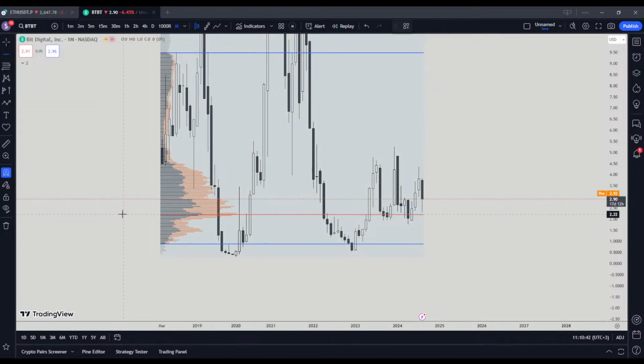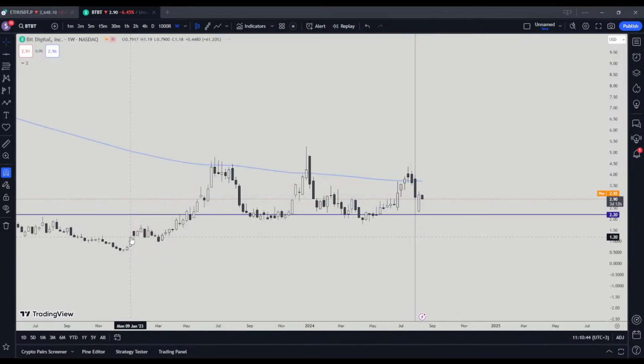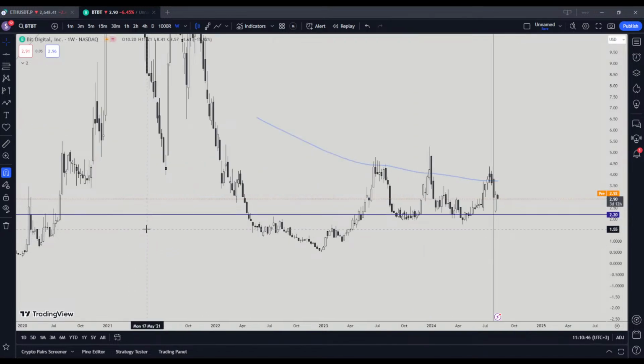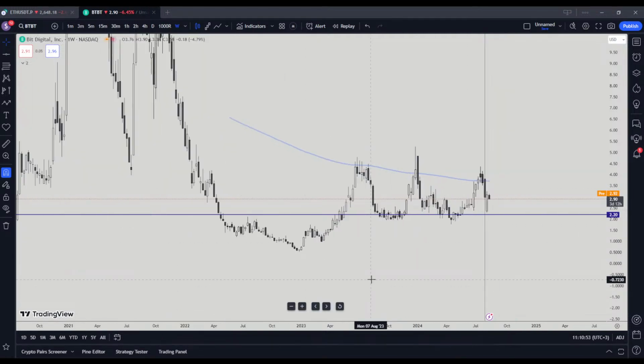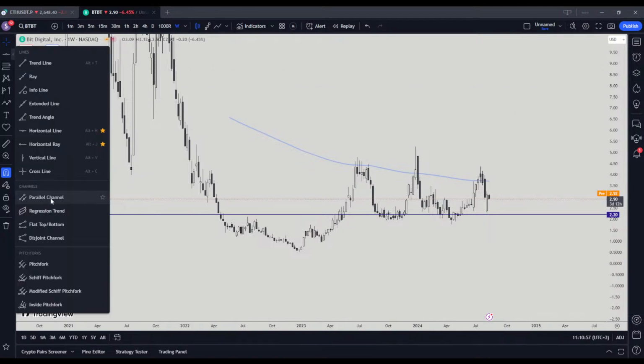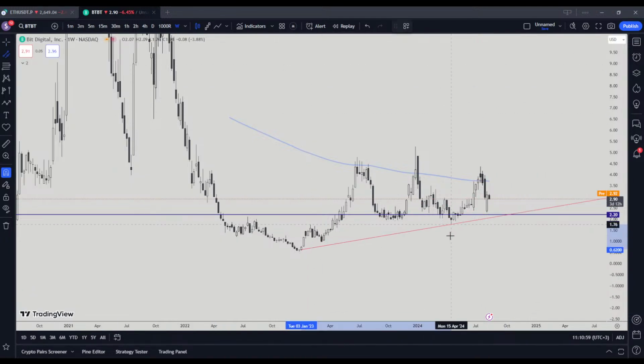This one is not offering too much information on a monthly. Lows are swept. A good reaction here, maybe. So this area should hold, technically speaking.